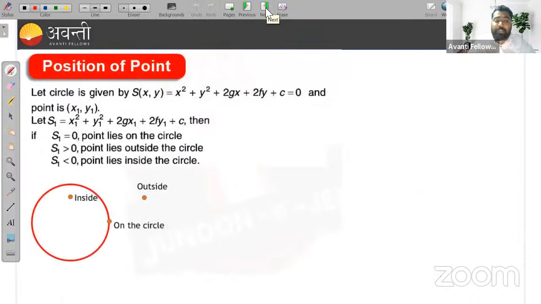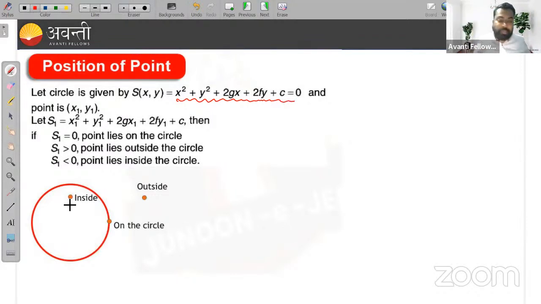Position of a point with respect to the circle. Already we derived the formula also, and it's a very simple concept. What is S1? Guys, who can say what is S1 here? If the equation of the circle is x square plus y square plus 2gx plus 2fy plus c is equal to 0, and you have a point P whose coordinate is x1, y1, in which conditions can we say that the point is lying inside the circle, on the circle, or outside the circle?